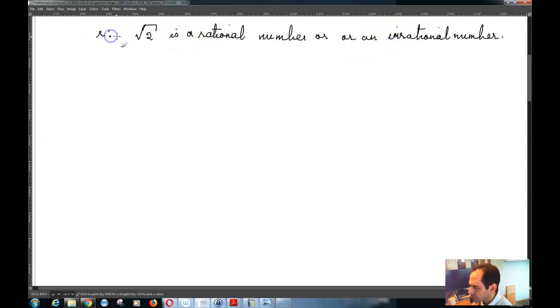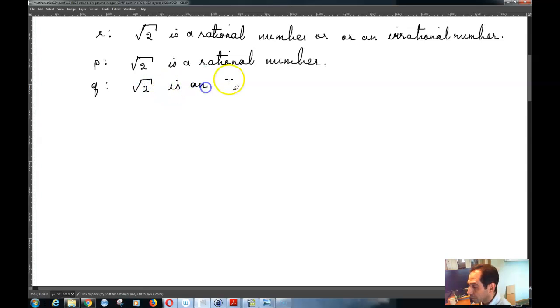Let's take this as statement R. So the component statements here are P, square root of 2 is a rational number, and Q, square root of 2 is an irrational number.